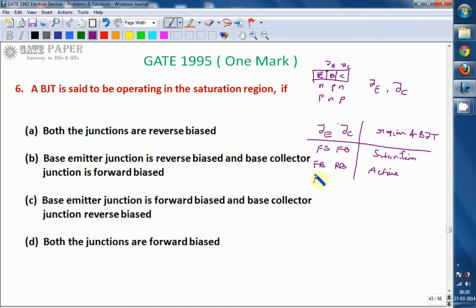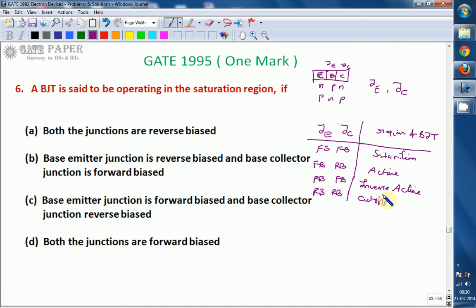If emitter base junction is reverse biased and collector base junction is forward biased, at that time the BJT is said to be in inverse active region. Inverse active is also called reverse active because this region is exactly opposite of the active region condition. And if both the junctions are reverse biased, at that time the BJT is said to be in cutoff region.